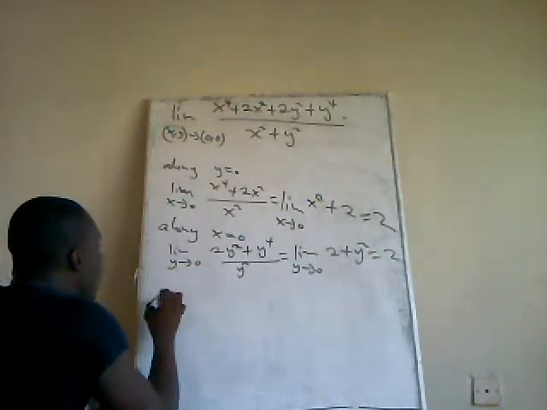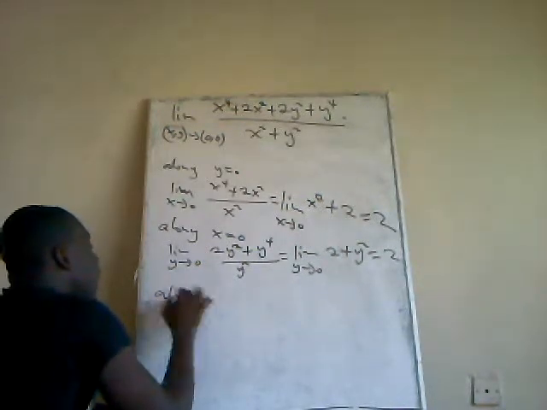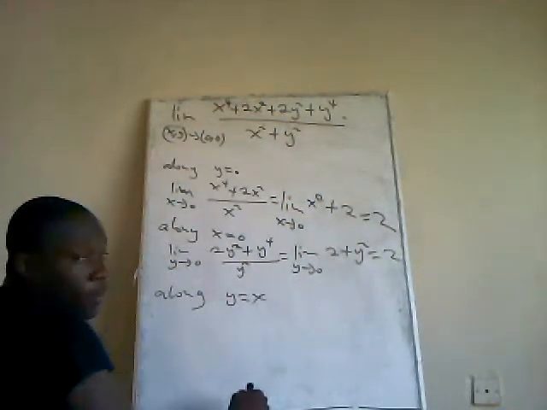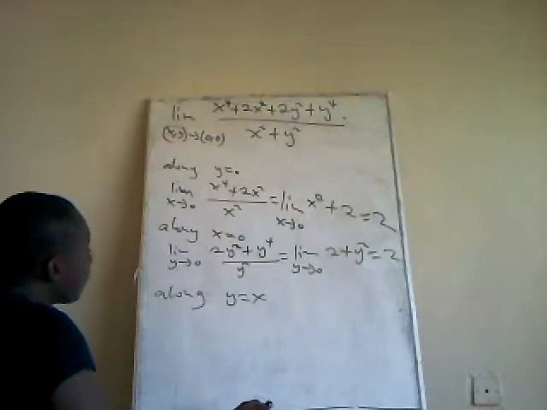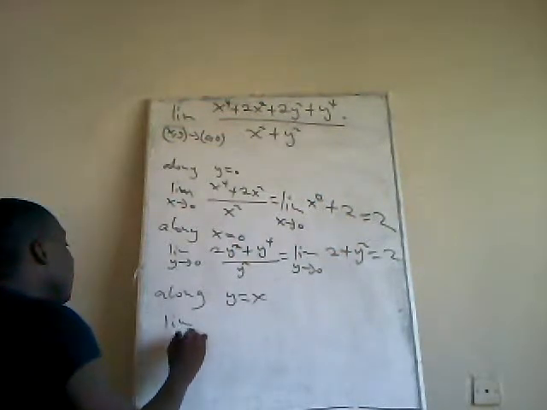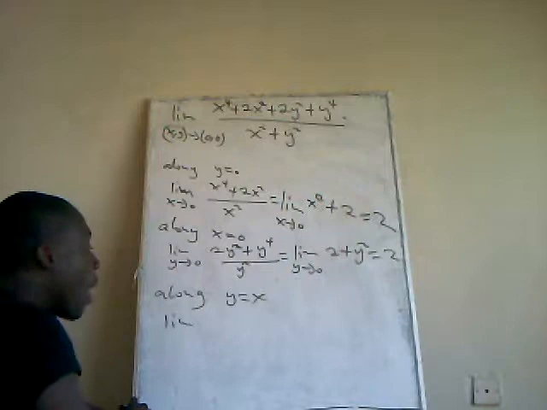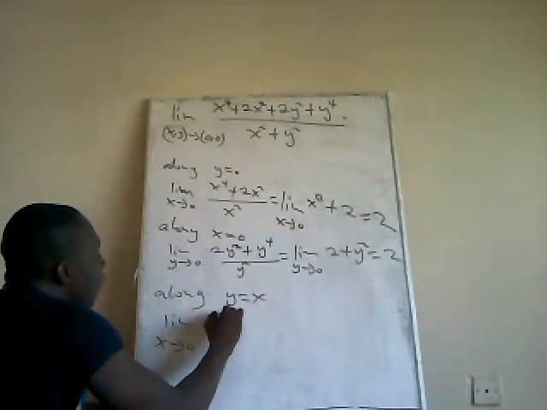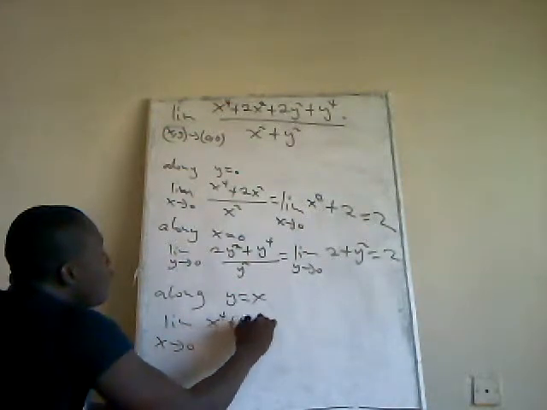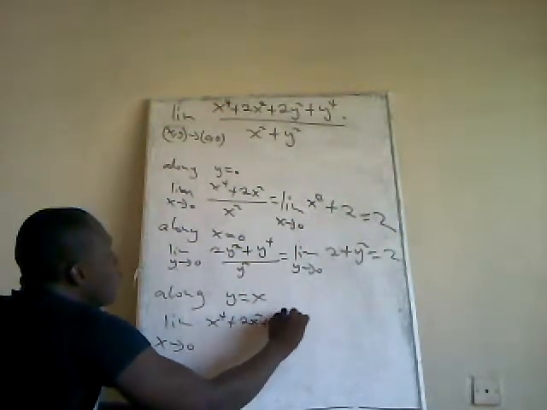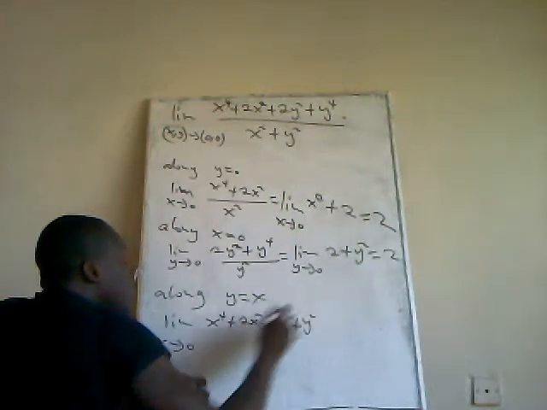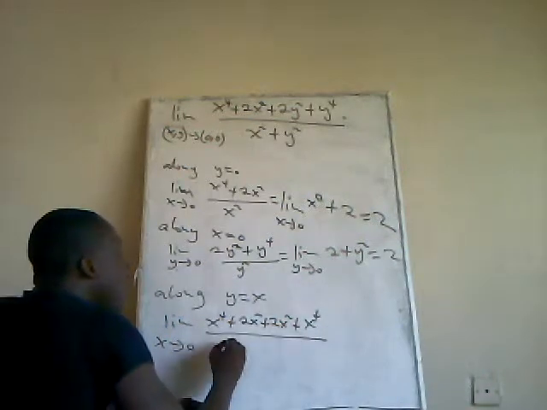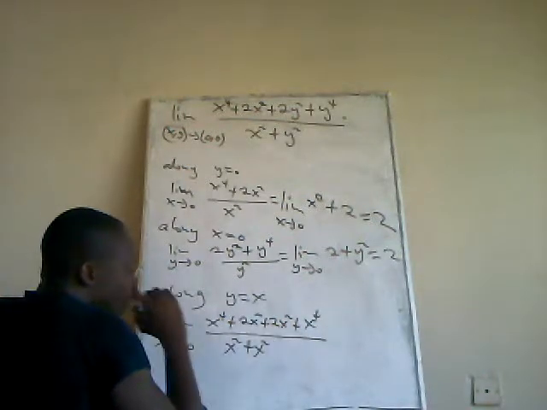Now we check along the line y is equal to x. Along y is equal to x, we'll have the limit where in place of y we put x. So as x goes to 0, I will have (x^4 + 2x^2 + 2x^2 + x^4) all over (x^2 + x^2).